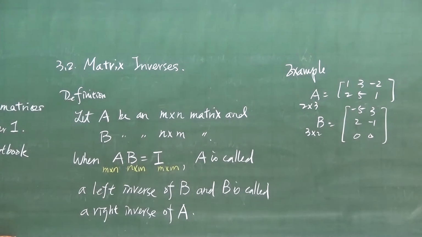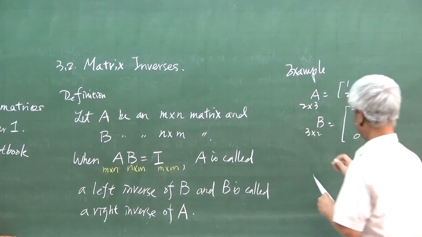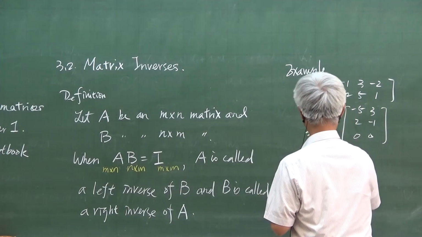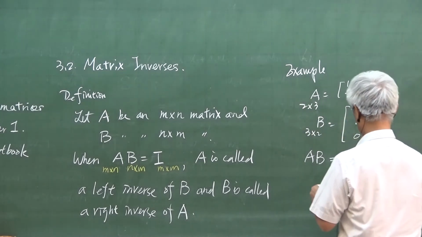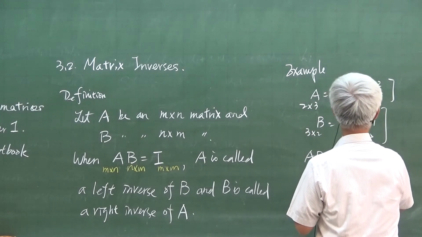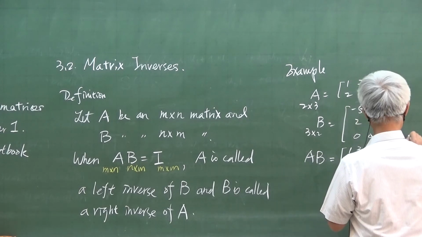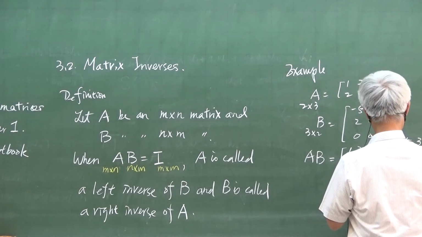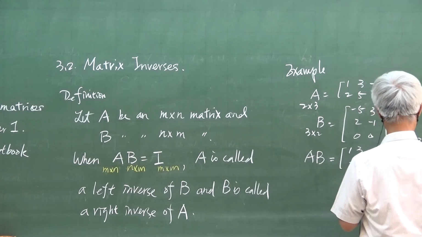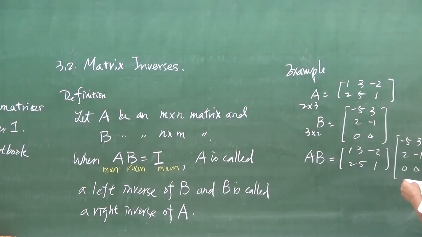Now we multiply A and B together, and we find that this is the 2 by 2 identity matrix.